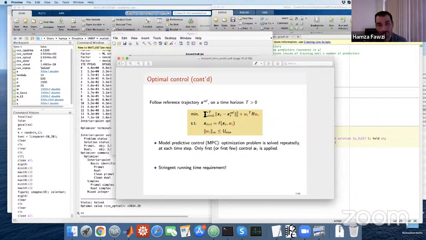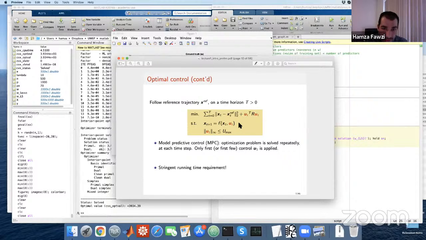If you're trying to follow a certain reference trajectory, you want to minimize the deviation from this reference trajectory, plus possibly a term that penalizes the magnitude of the control inputs, because applying high control inputs means spending energy, so you also want to minimize the energy you're using.